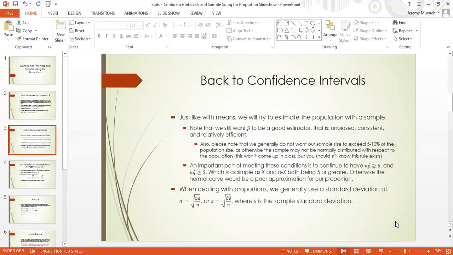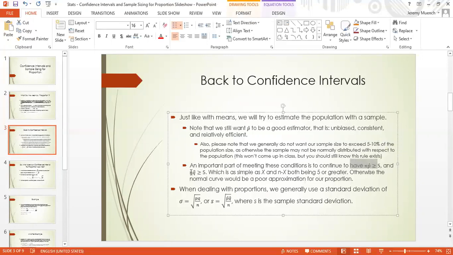So here, that means that we're effectively creating a binomial distribution, a series of yes or no responses where we're just focused on how many times we get an affirmative, how many times we succeed, how many times we get a yes. So that means it's reasonable to treat proportions like they're bound by the same rules that the normal approximation for the binomial distribution was bound by. What that means is we once again need NP and NQ, or in this case, NP hat and NQ hat, to be greater than or equal to 5.